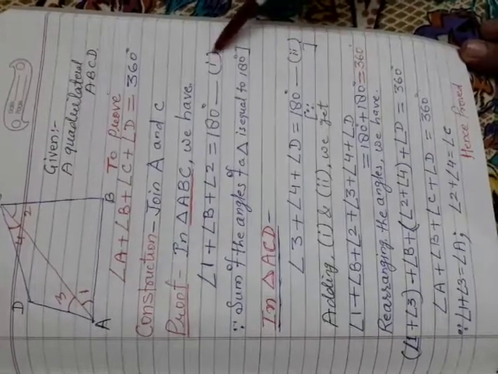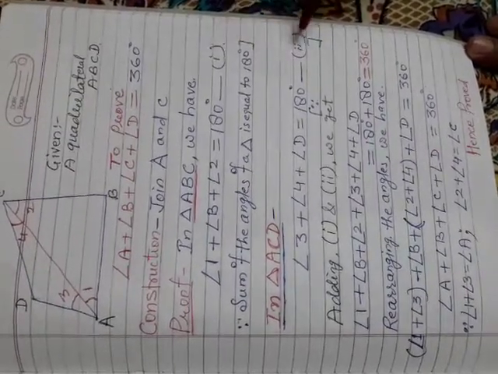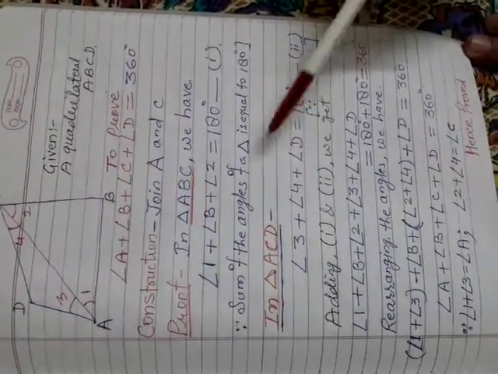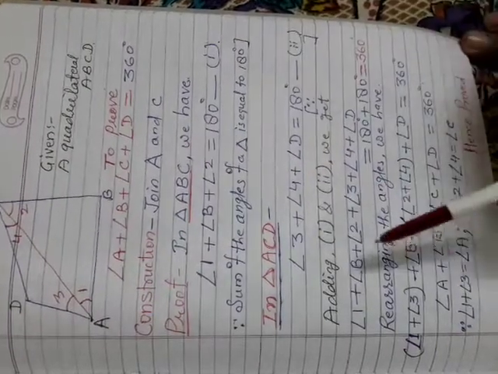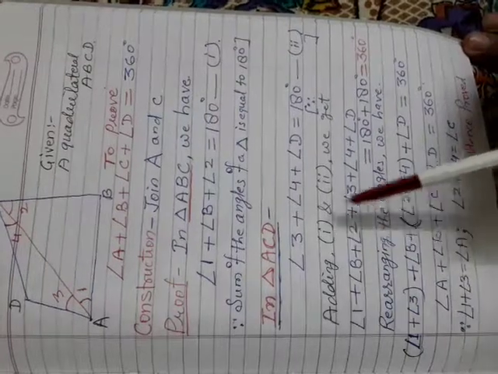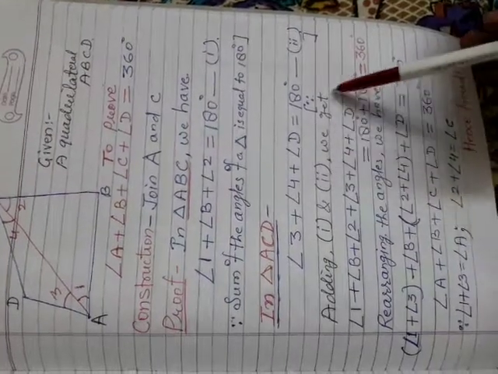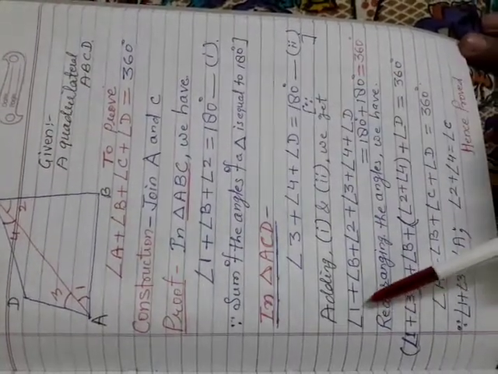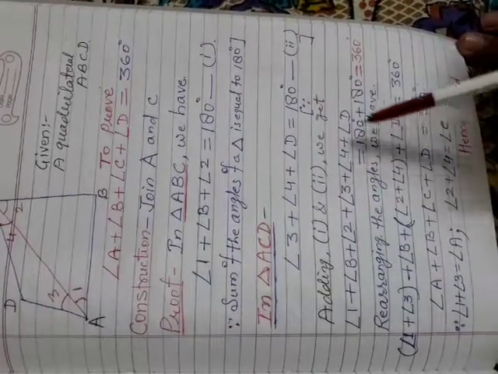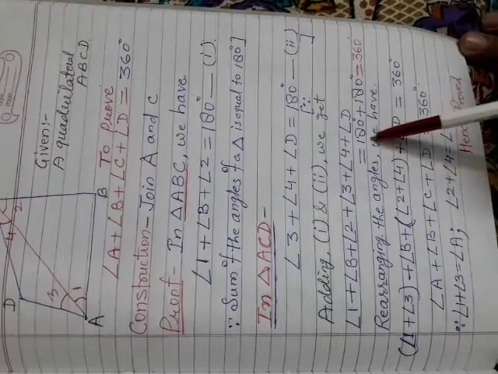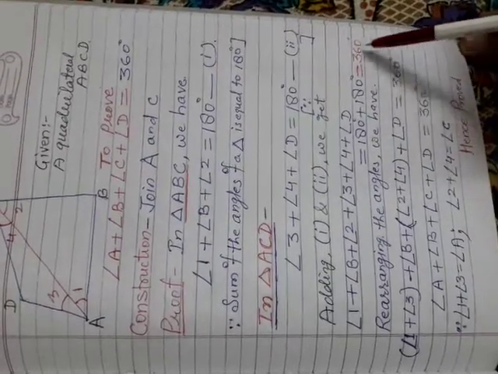So we got two equations, first equation and second equation. When these two triangles are combined together, we get a quadrilateral. So adding equation first and equation second, we get angle 1 plus angle B plus angle 2 plus angle 3 plus angle 4 plus angle D is equal to 180 degrees plus 180 degrees, equal to 360 degrees.